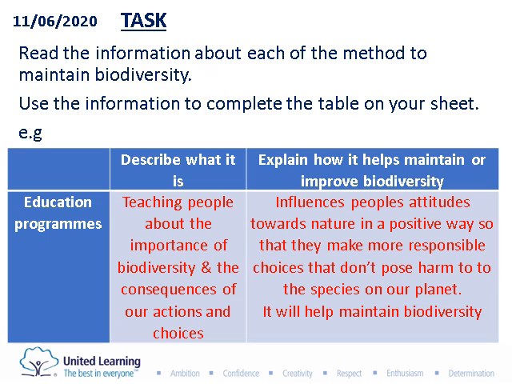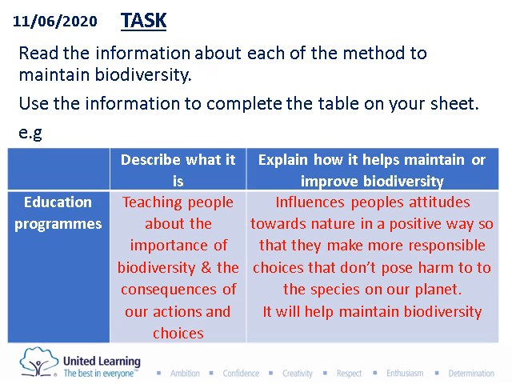So in the booklet you've got information about 3 different methods of maintaining and reducing the impact of human impact on biodiversity. So we're focusing on how can we maintain biodiversity, how can we reduce the impact. I just talked about education programs there.